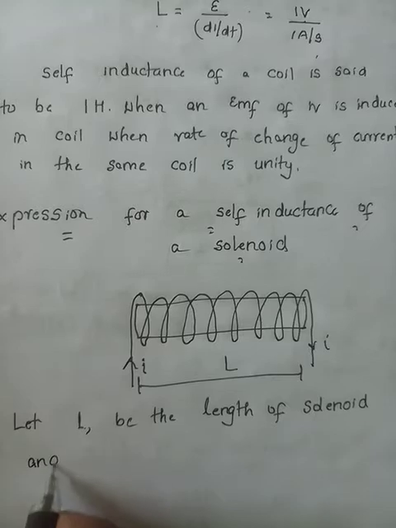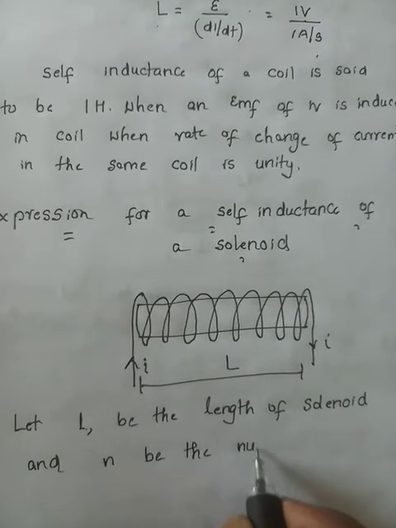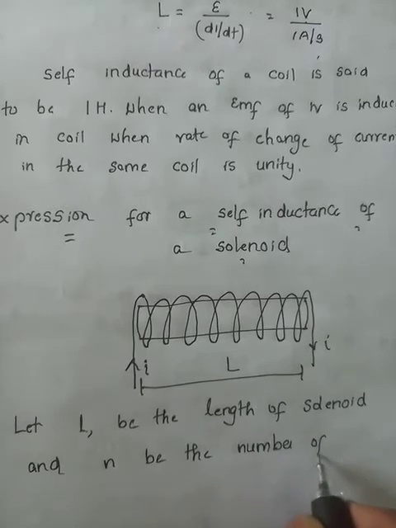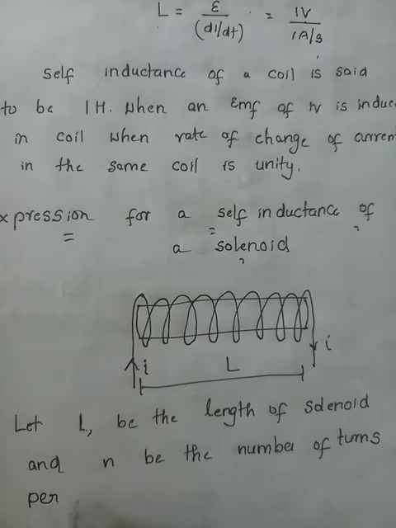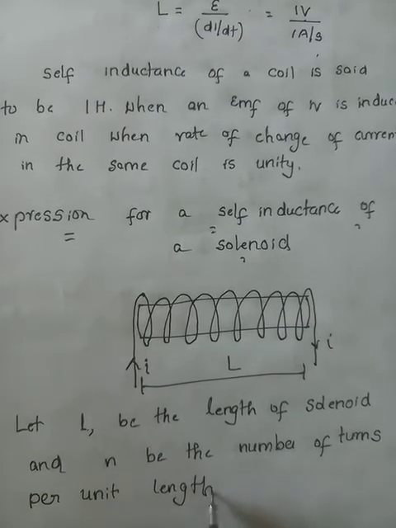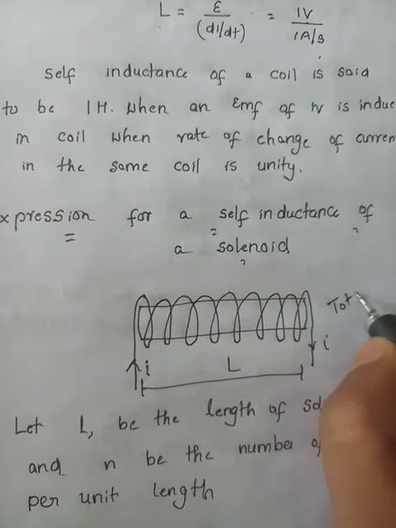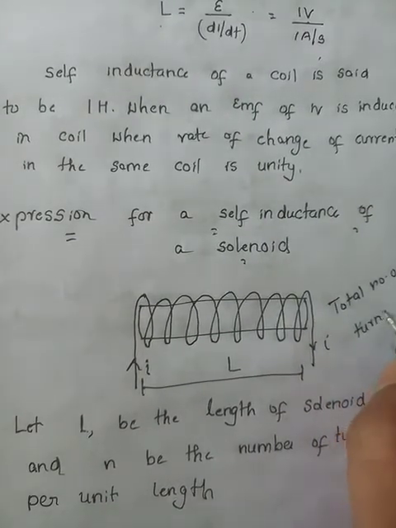and small n be the number of turns per unit length. What is the total number of turns in the coil?